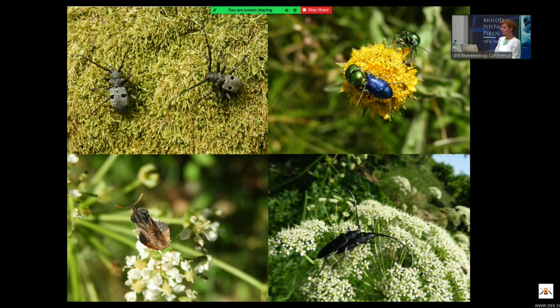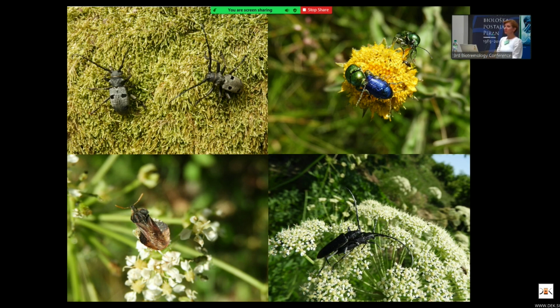And I'm particularly interested in how this knowledge on multimodality can help manage insects, so I'm really looking forward to tomorrow's session.